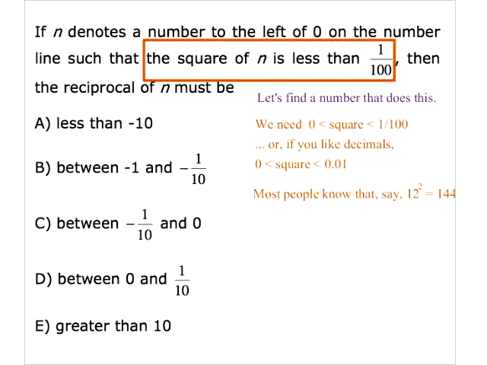So therefore you can use that: the square is 1 over 144. And so your number, as a result, is going to be plus or minus 1/12.